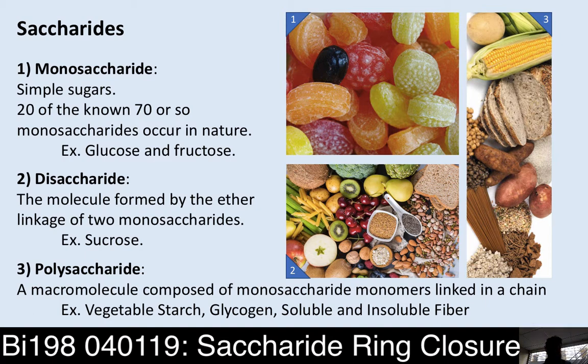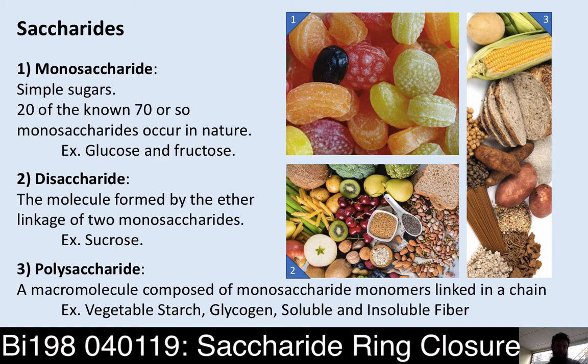And of those, about 20 are found in nature. There may be a few more than that in some weird bacteria somewhere that grows in a thermal vent, but that's the majority of them.